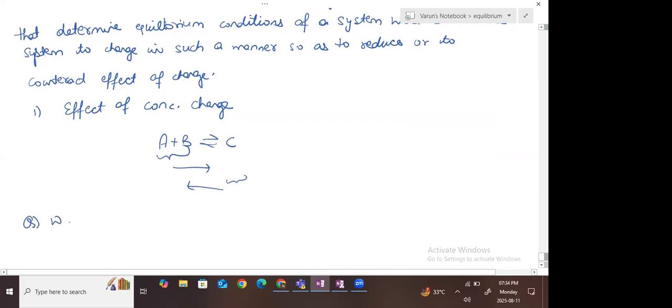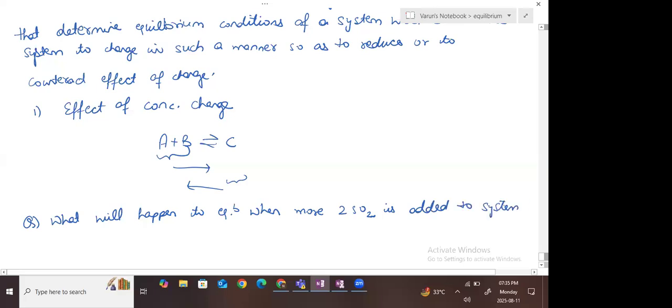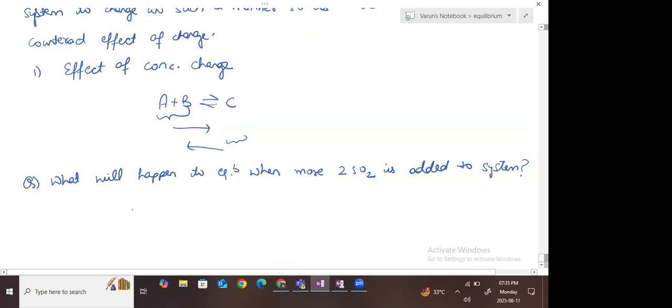Question कैसे आता है? Question can be asked in this form: what will happen to equilibrium when more SO2 is added to the system, and you have a reaction 2SO2 gas plus O2, at equilibrium giving me SO3.